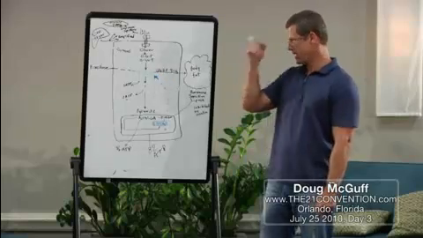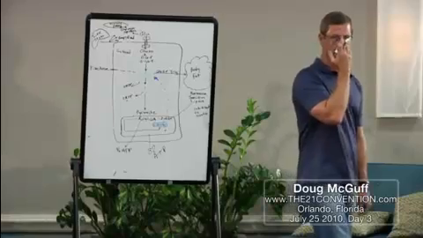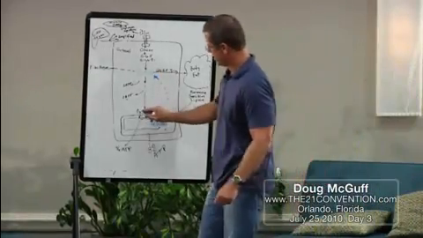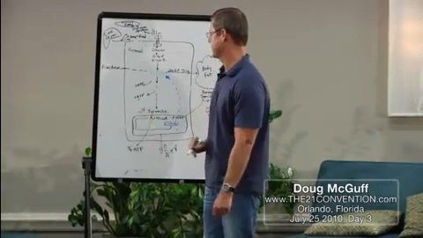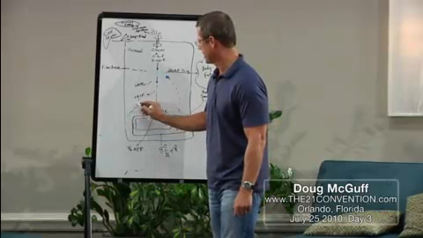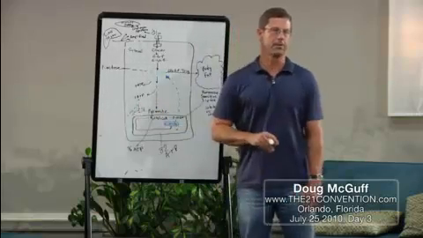And you can make pyruvate faster than your mitochondria can use it. And when that happens, the pyruvate gets acted on by an enzyme called lactate dehydrogenase, and you end up making lactic acid, which is something y'all are all familiar with.